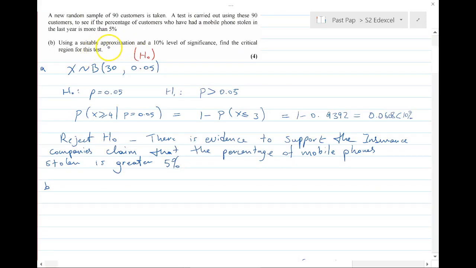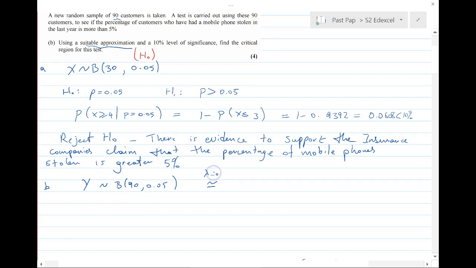tells us it's about an approximation, but we've got a large sample now, 90, so our actual distribution is now binomial, but with 90 trials, 0.05. Let's call it Y to distinguish it from the X we had in part A. Now that is approximately, we can use the Poisson distribution because we've got quite a small p and quite a large n.